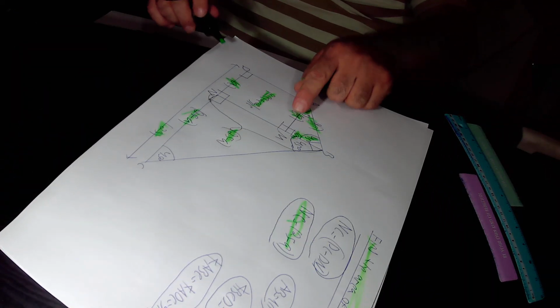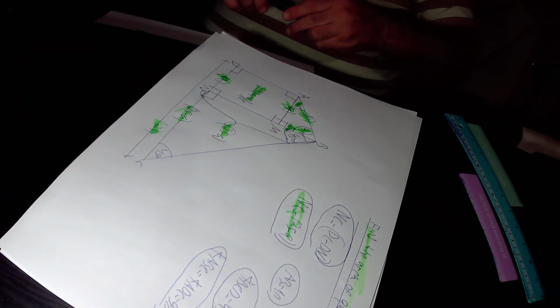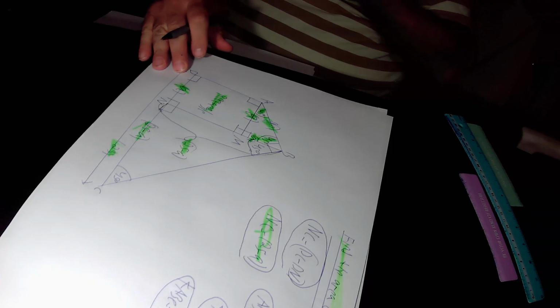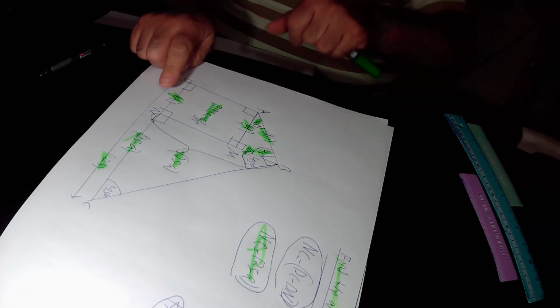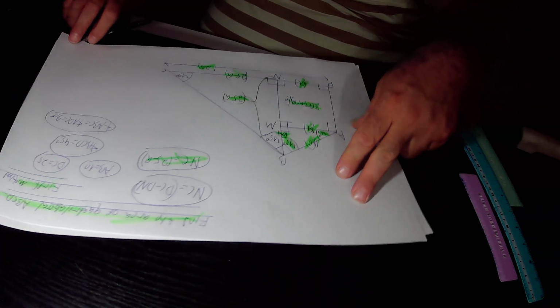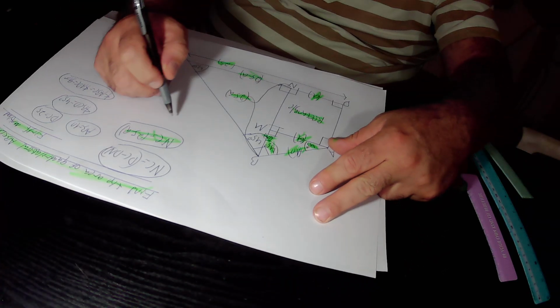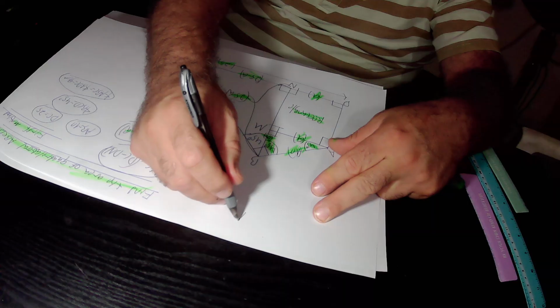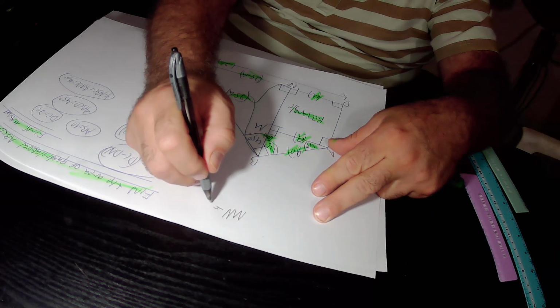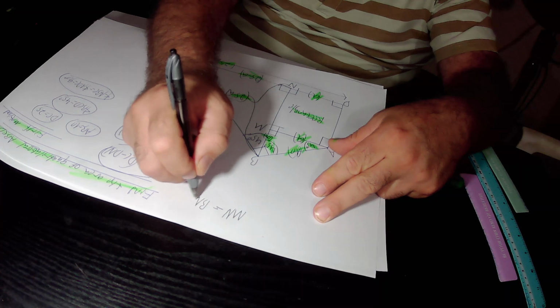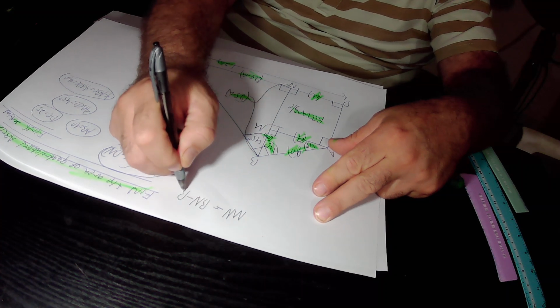What is the length of this missing side MN? From the drawing it is very easy to see that MN in total equals BN minus BM. Then the length of side MN is equal to BN minus BM.